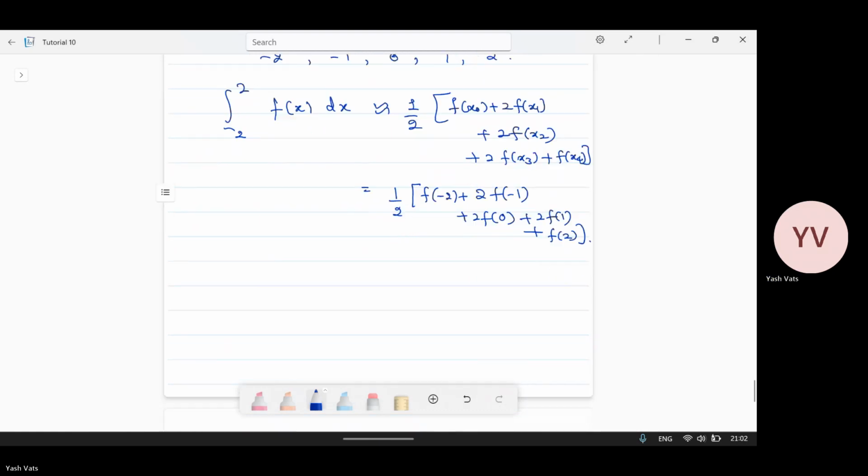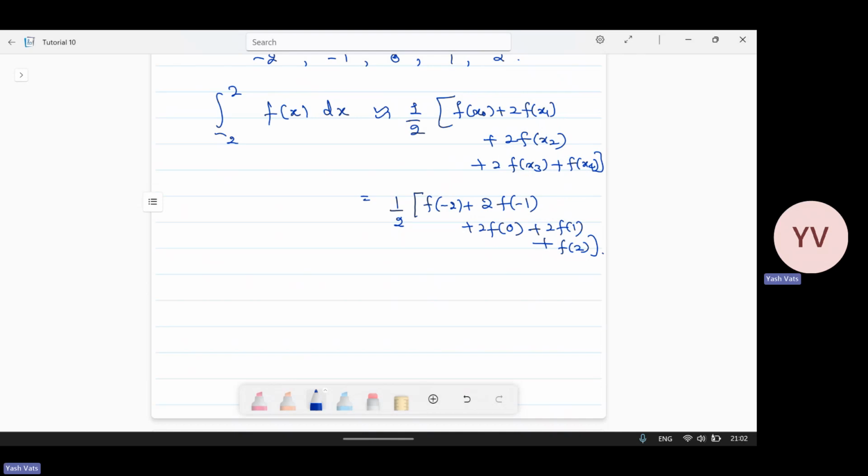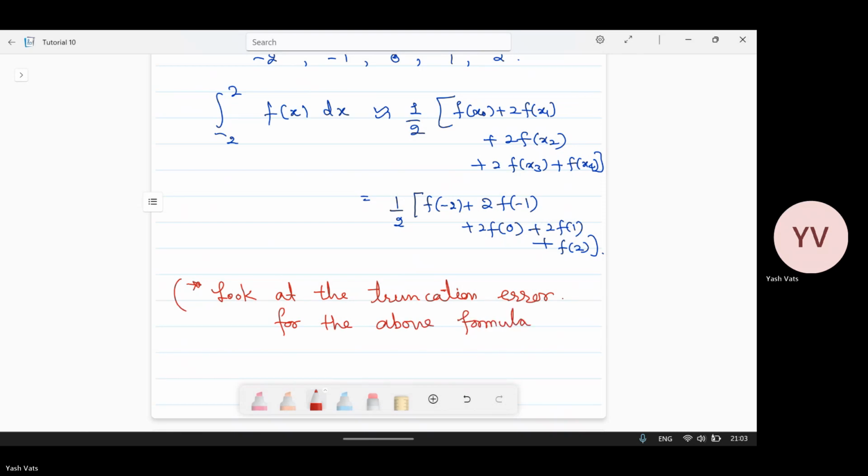Okay, so you got that? This is that formula. What I would suggest is that in the meantime you look at the truncation error for the above formula.